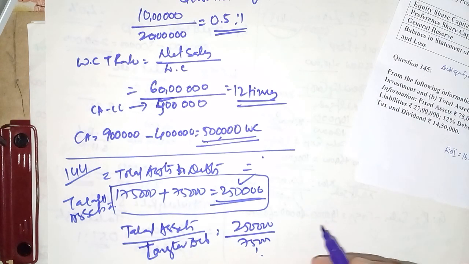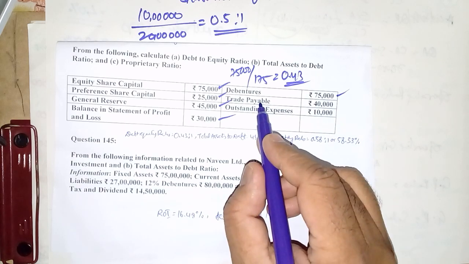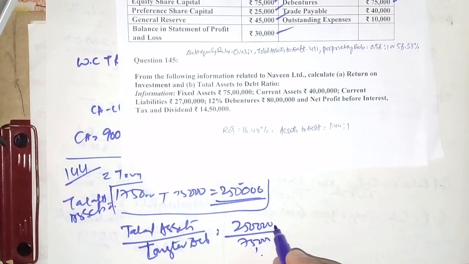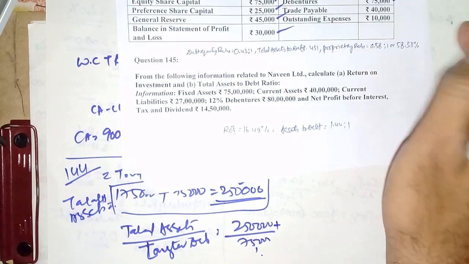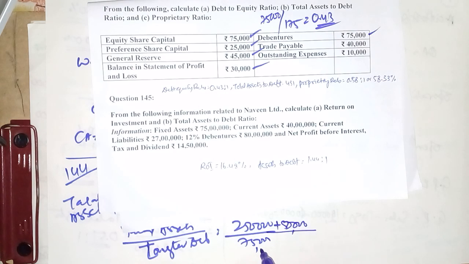Sorry, we forgot to take these two items. That is, trade payables and outstanding expenses are also part of liabilities, right? Therefore, 40 plus 10, 50,000. So that is 3 lakhs.